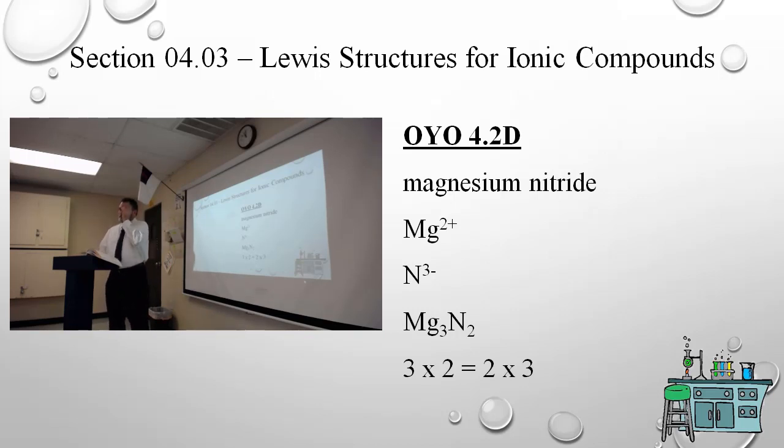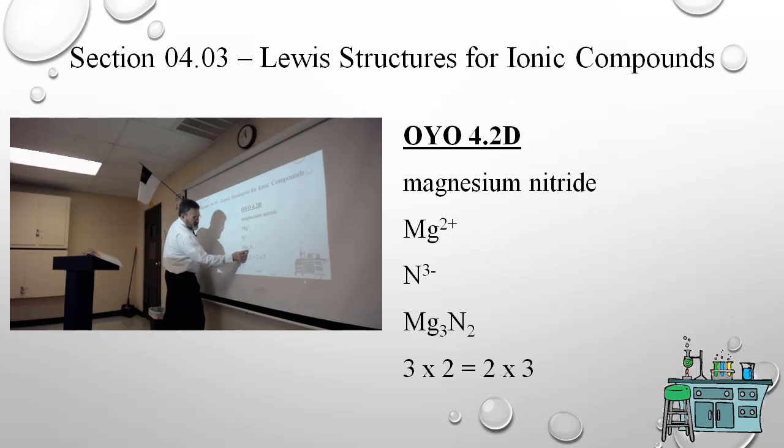So for that, you just multiply the subscripts, like magnesium's 3 and then above is 2. So this tells me I have 3 at 2 each. And then over here I have 2 nitrogens, and each one of them has a 3 charge.